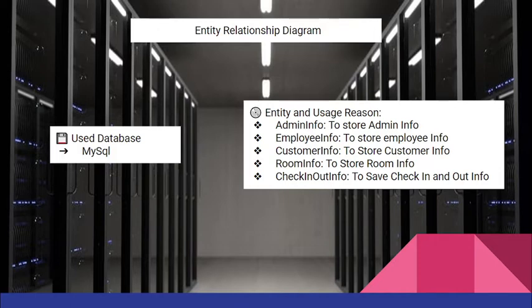So admin info, employee info, and customer info were to save their own information, including user NID and password, so that they can log in to the application, and the room info stores the room's information about room price, room status, room type, room capacity, these kinds of information.